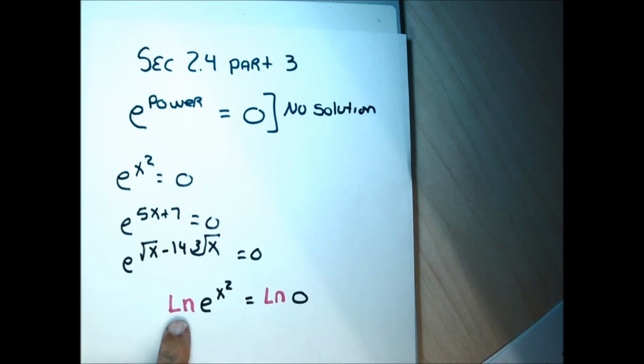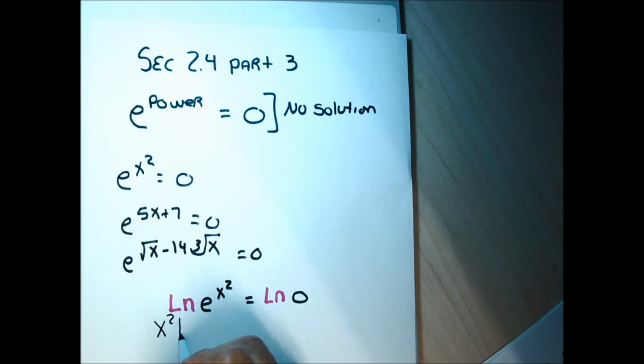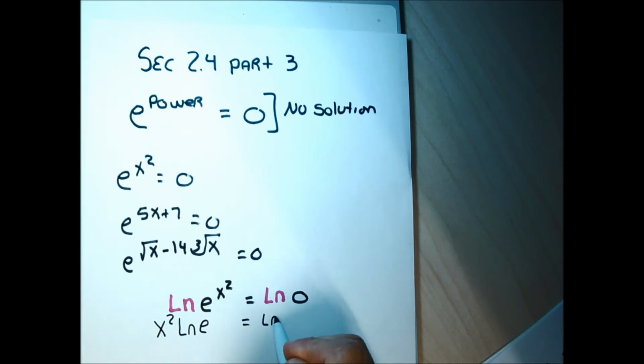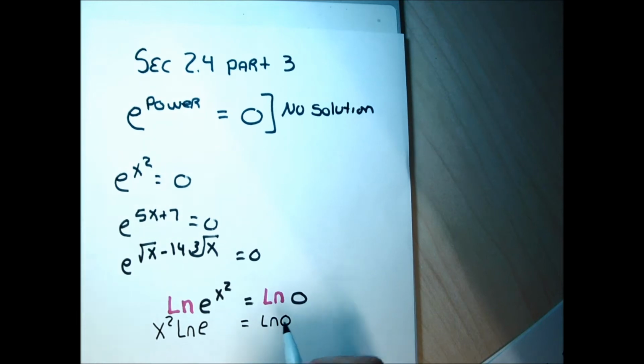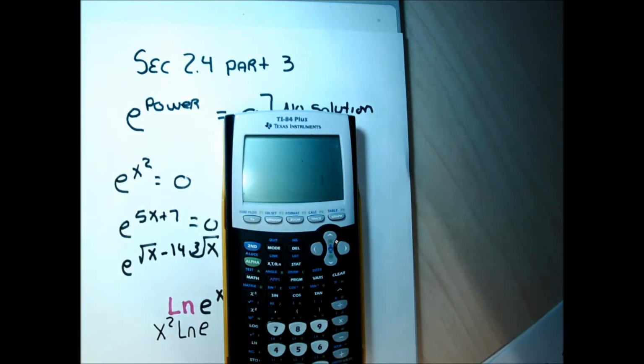I wrote the ln because log base e is what ln is, and it's the most convenient base to solve this problem. So I'd take the natural log of both sides, and drag the x squared, that's the exponent, on the left side, and make it a coefficient using the power to product rule. I don't know what it's actually called, but that's as good a name as any.